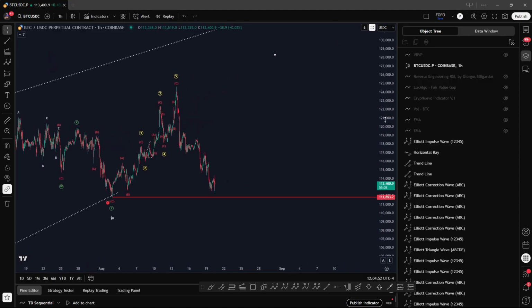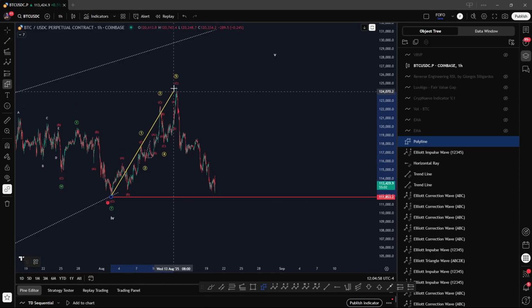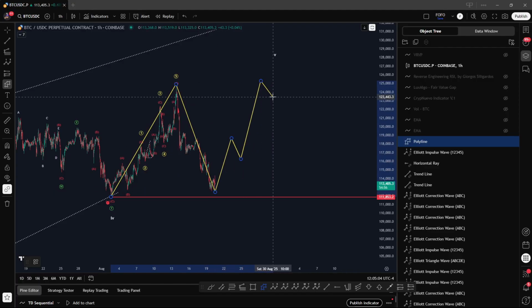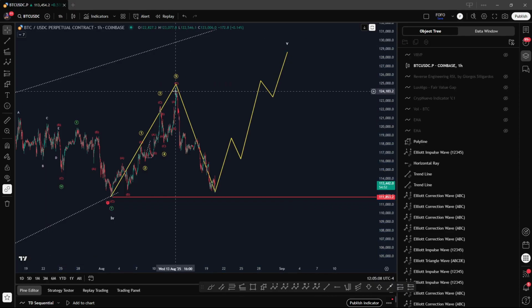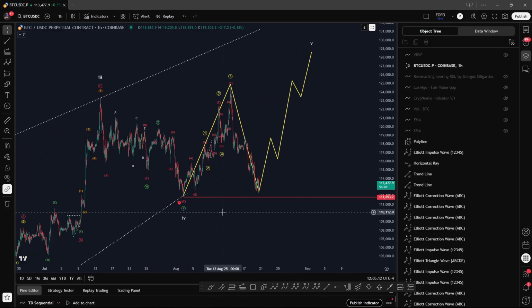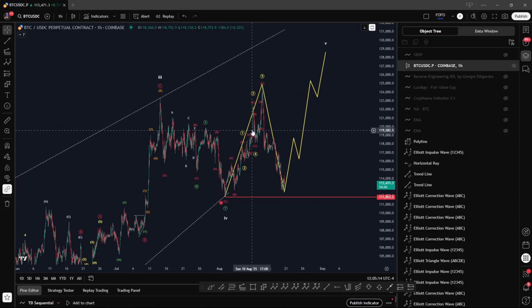That's why I said this is fluid, right? There's still a scenario on the table, at least as of this recording, that you have 5, 3, 1, 2, 3, 4, 5. Like so, that will make a new high. Okay. Now I'm going to zoom out a little bit because you saw I just measured that, right?